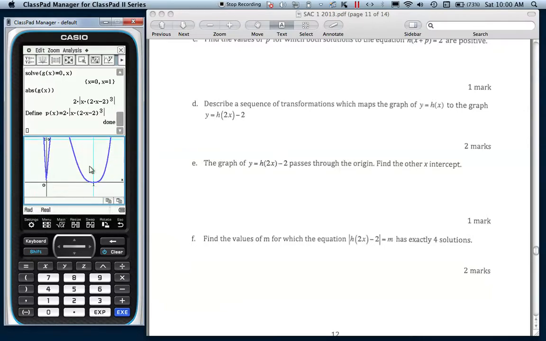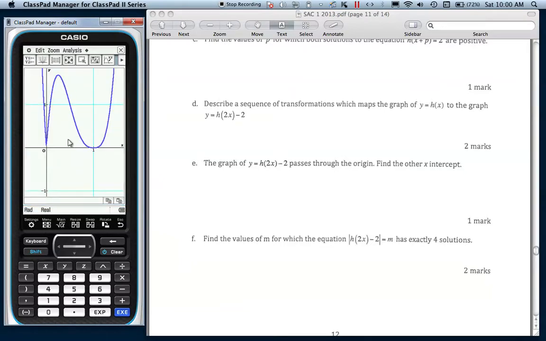Actually, I think that is 0. Just resize that. So really it's going to be between 0 and this turning point here. We could do that with an exact value or just find out using gsolve our maximum, and it's 1.6875 there. So the values of m for which the equation has 4 solutions is between 0 and 1.6875.